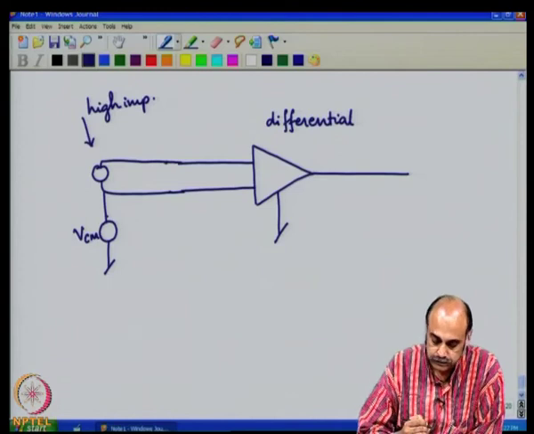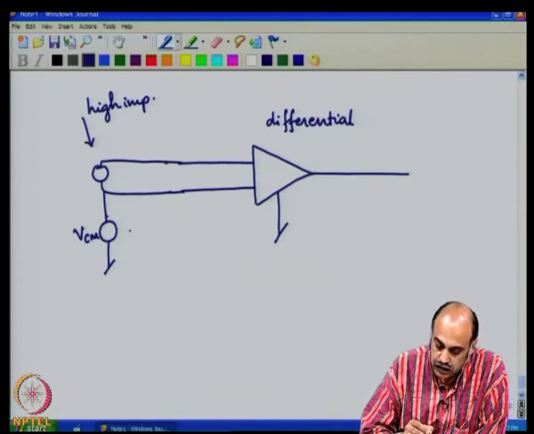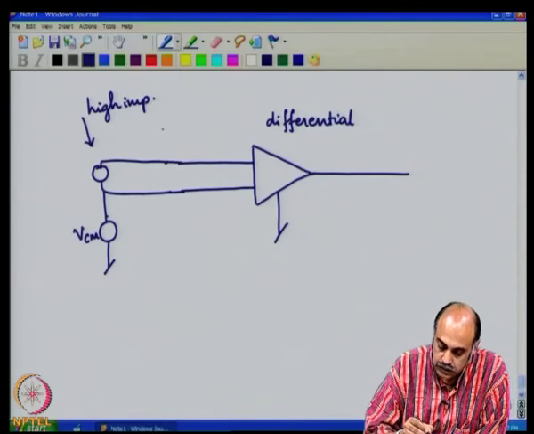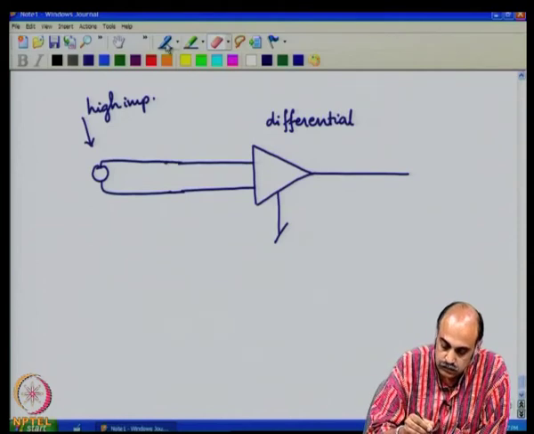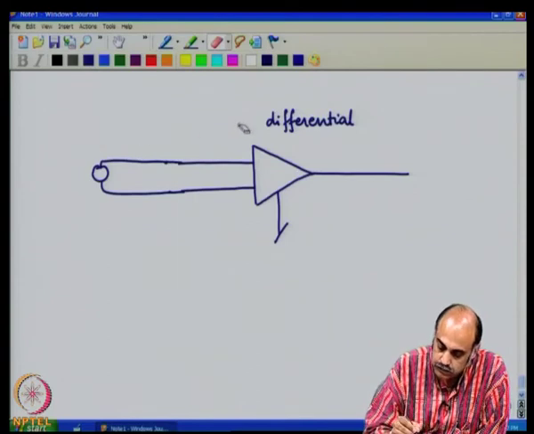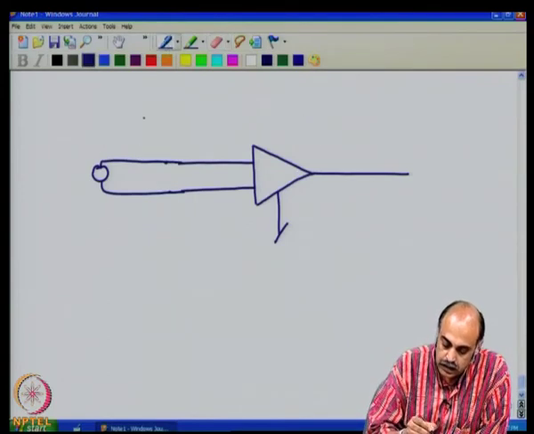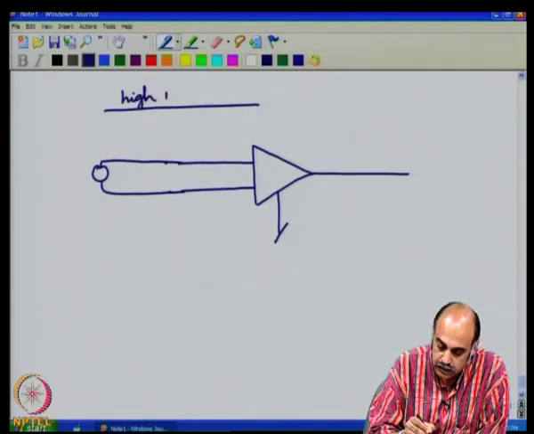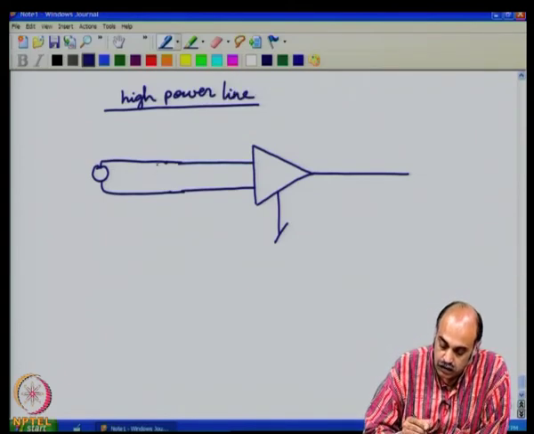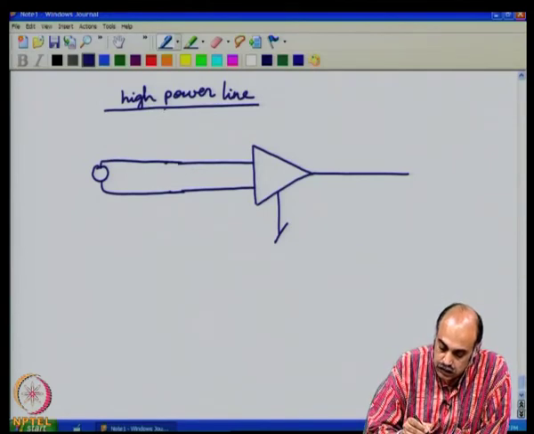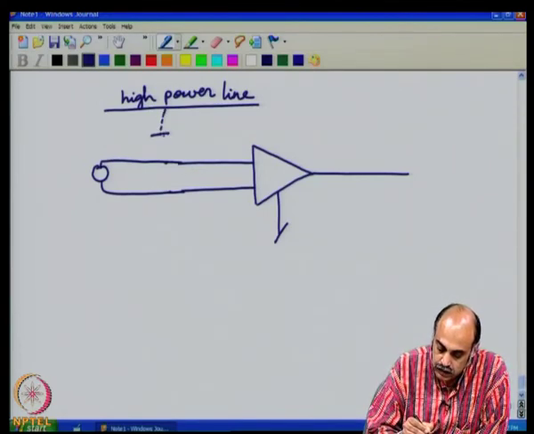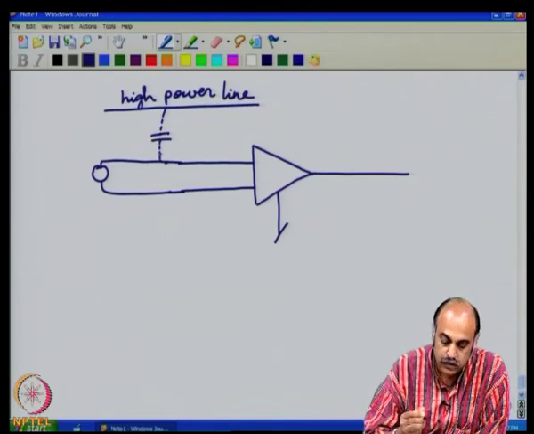For example, let us say you have a high power line. This is a high power line, and this will have a capacitive coupling to this.